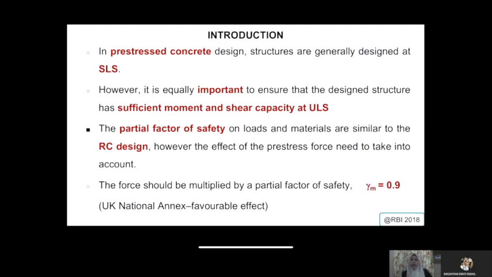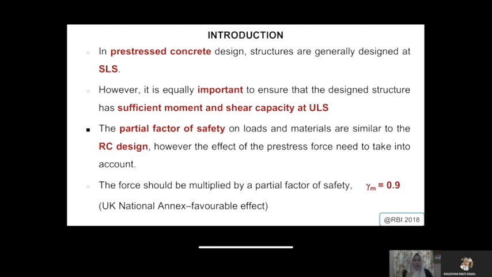So we consider all partial factors of safety on loads and materials. It's not much different from reinforced concrete design, which you have gone through. We have designed using all these parameters before. But the only difference that you will probably notice is that in reinforced concrete design, we didn't consider any pre-stress force.